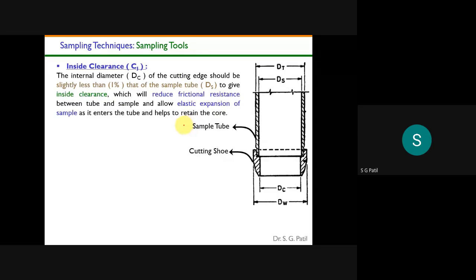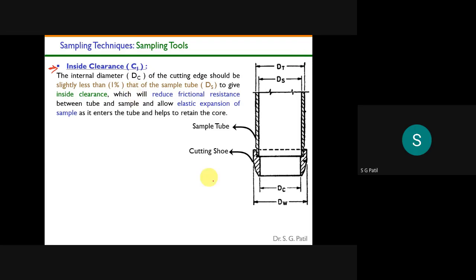Similarly, there are another two definitions, based on which we can also classify the soil as a disturbed or undisturbed sample. The first one is inside clearance. What do you mean by inside clearance? The internal diameter of the cutting edge should be less than the outside diameter of the tube.